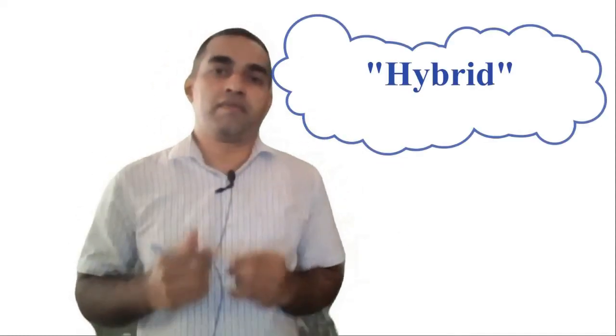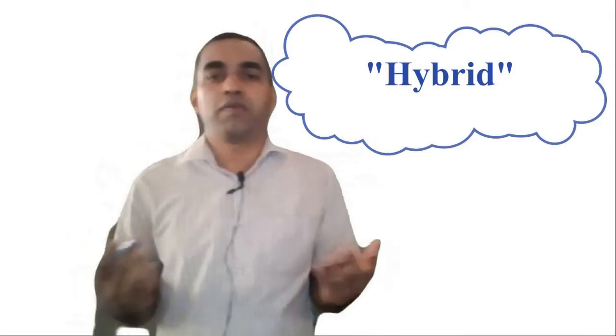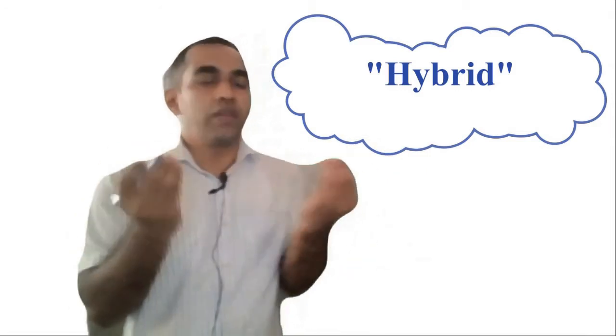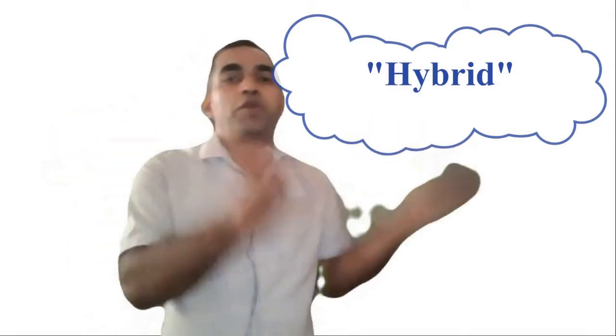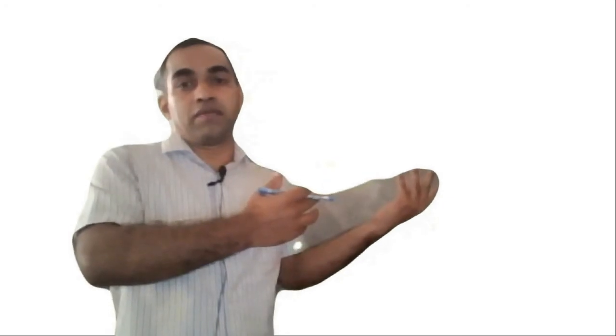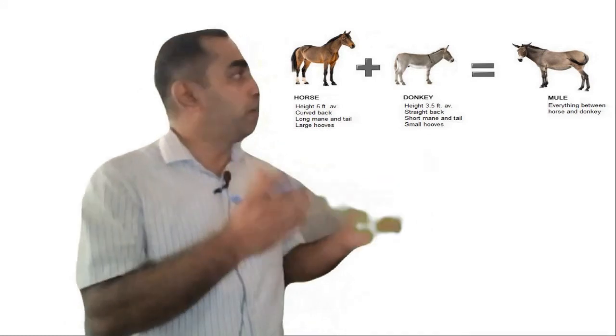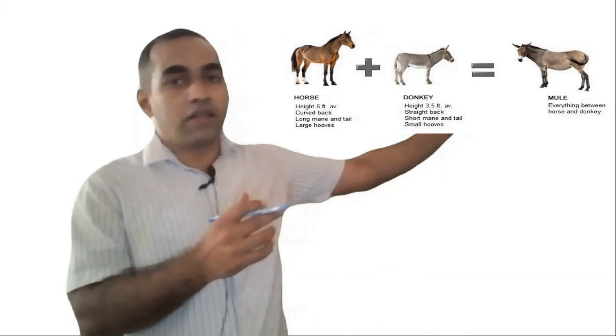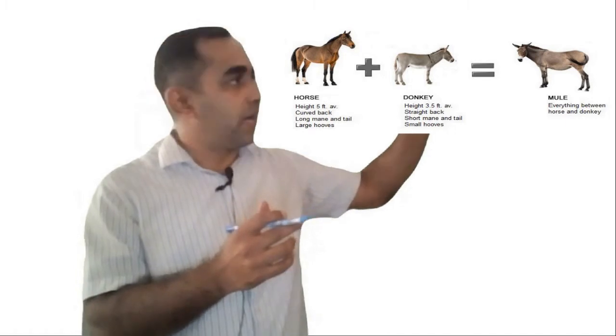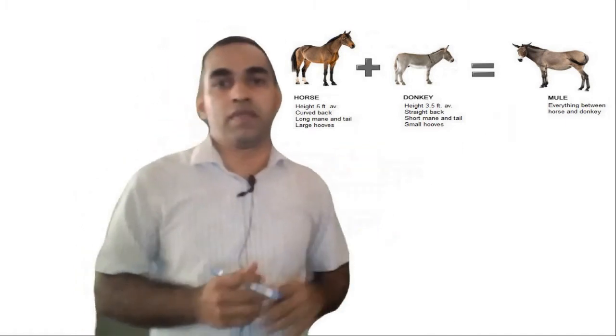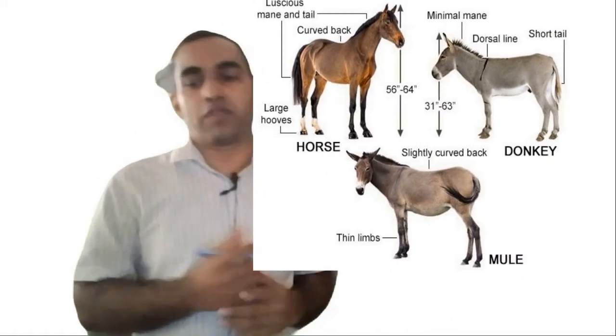I think all of us know the term hybrid means it is simply a mixture of one or two to give something new which is having characteristics better than the individuals, right. Now the best example is the mule. A mule is made by crossbreeding a male donkey and a female horse.